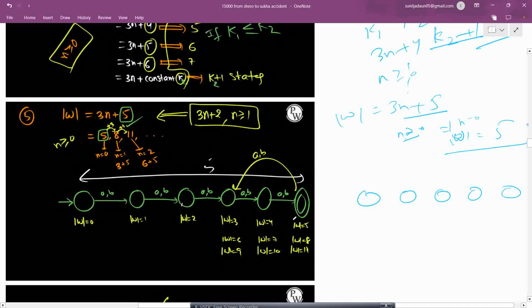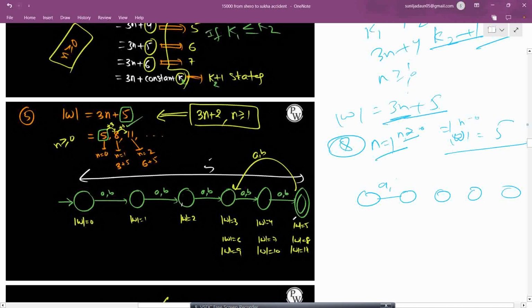Then how can we satisfy strings with multiples of 3? Let's see n is equal to 1. So what would be the value? 8. How?